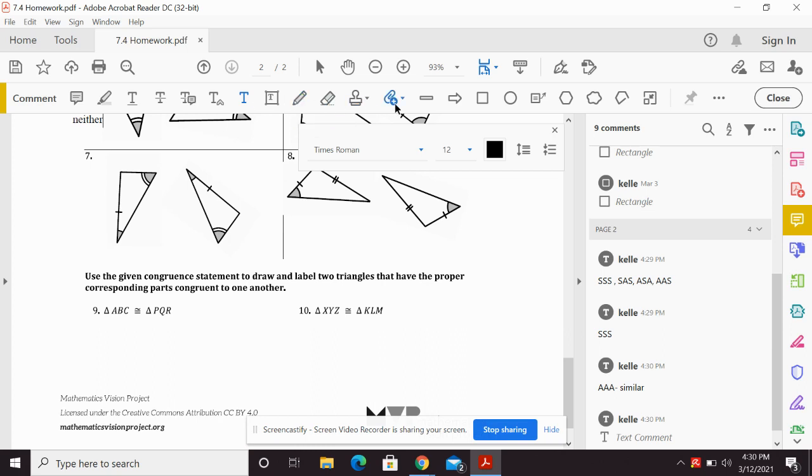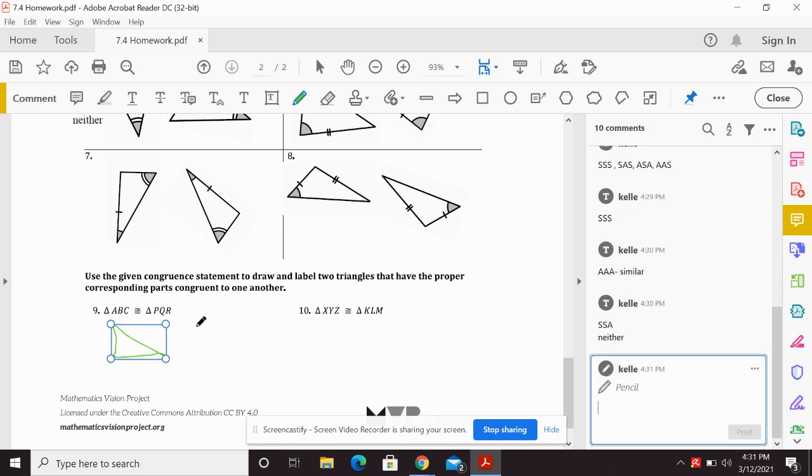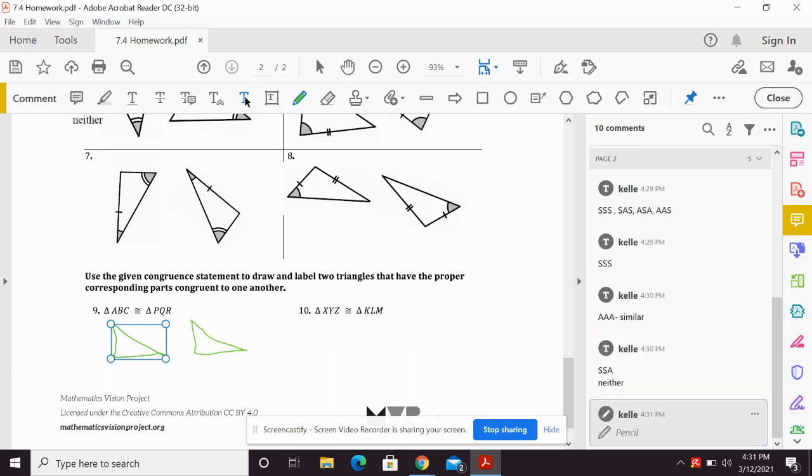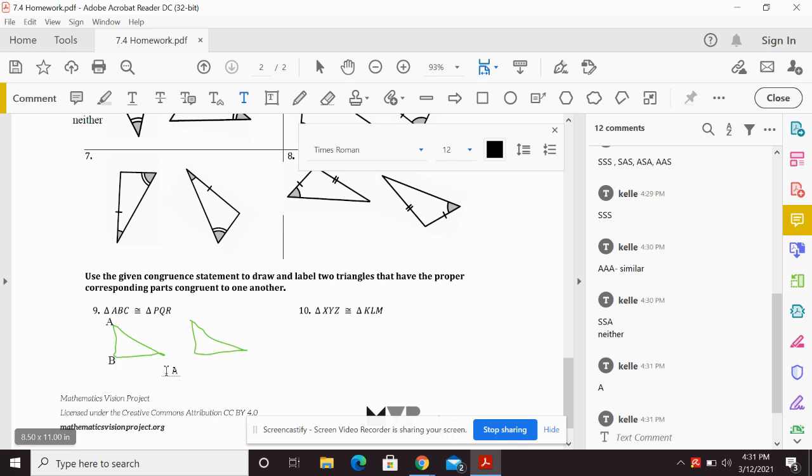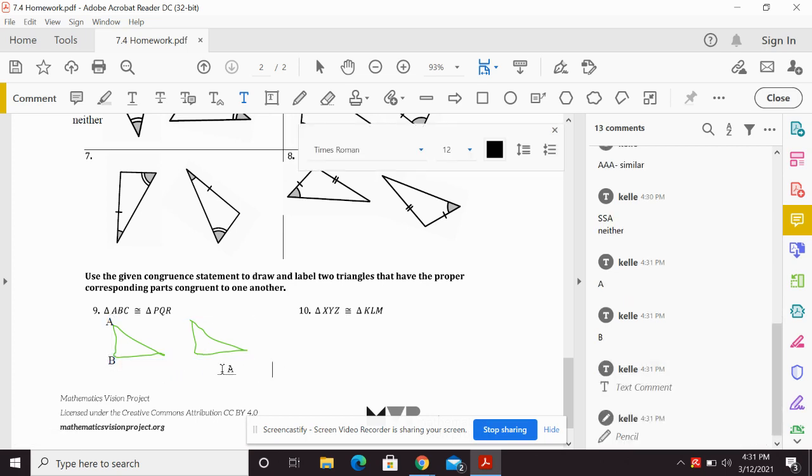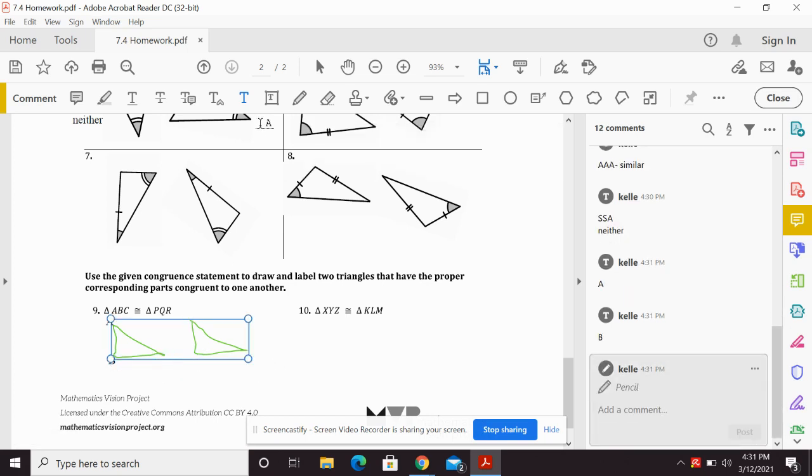So, there's one triangle. You would label it A, B, C. Oops, come on, let me do it.